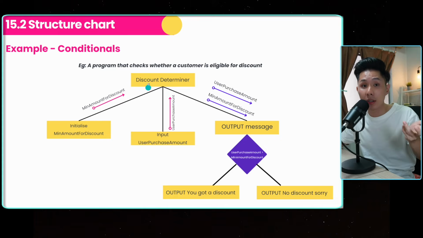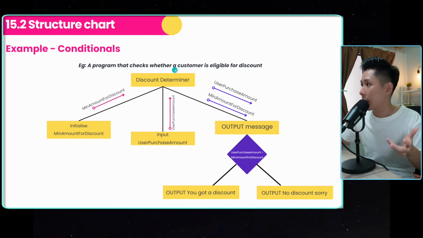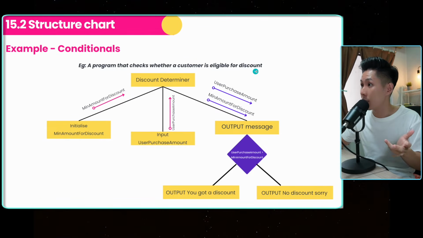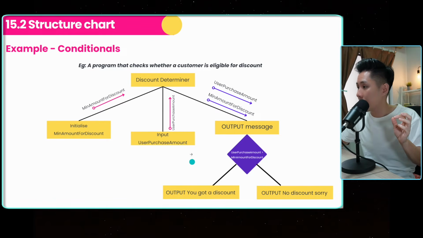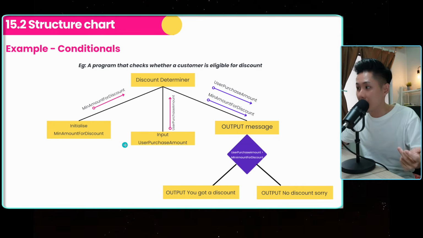Second example, I created a program which checks whether a customer is eligible for a discount. So basically, the first step is to initialize the minimum amount for discount, and once the module initializes the value, it returns it to the main module, and then calls another module, input user purchase amount, meaning how much the user has spent.